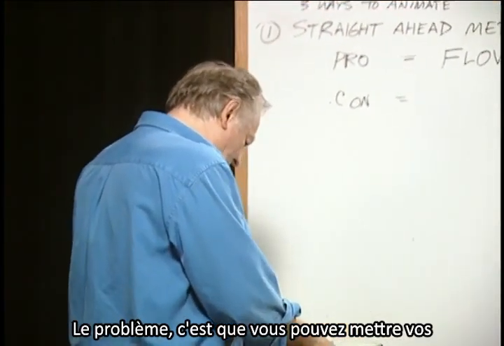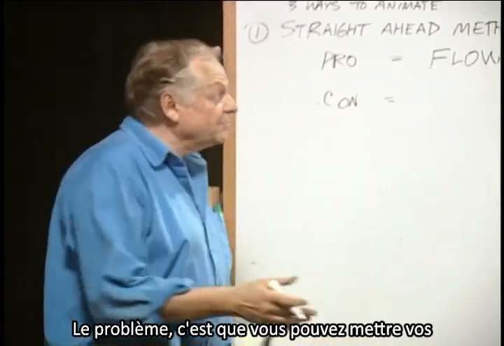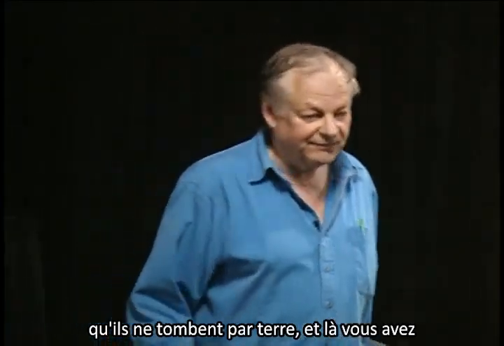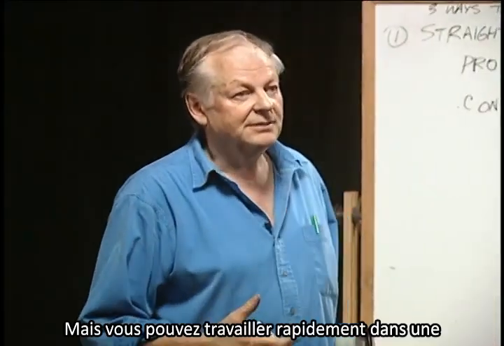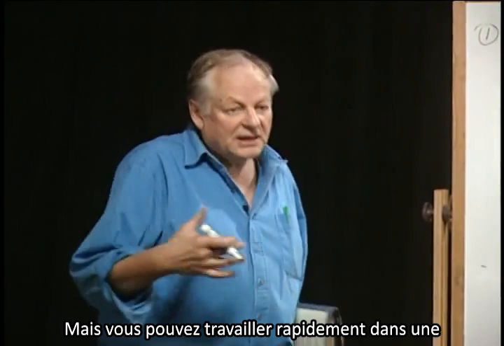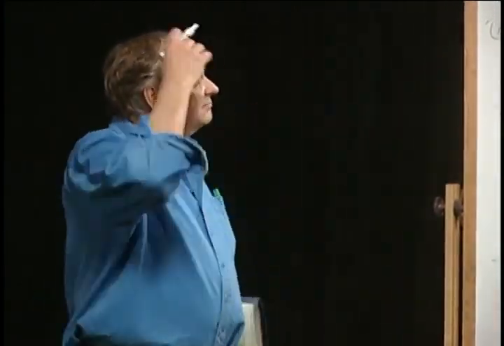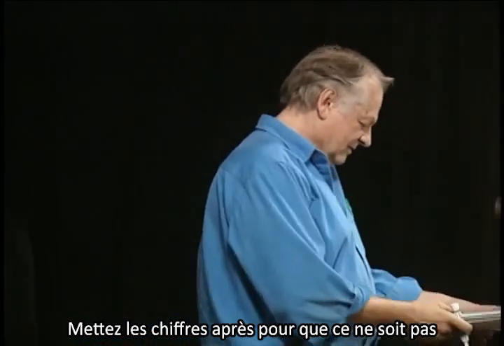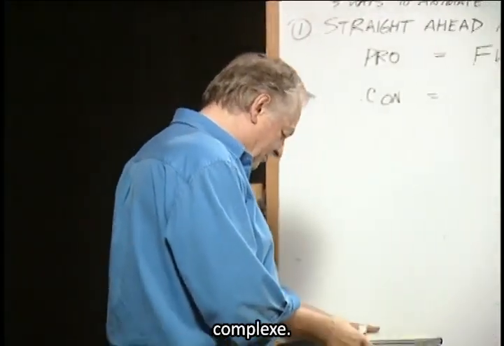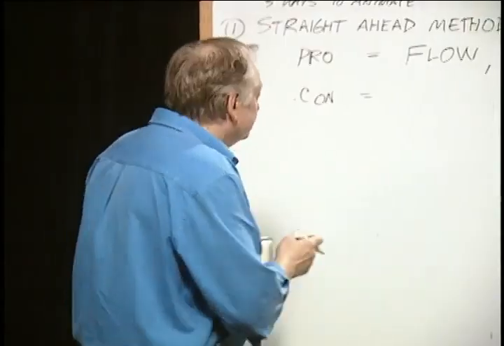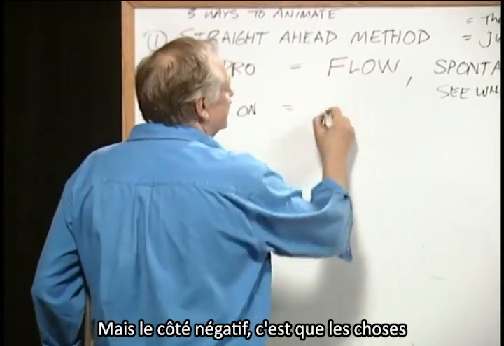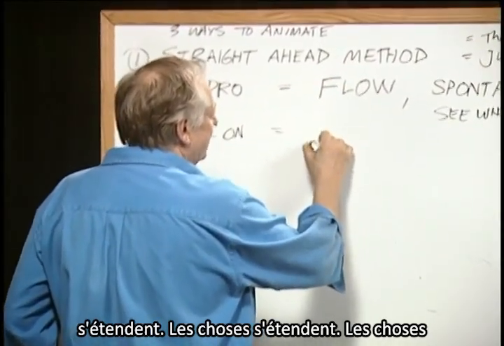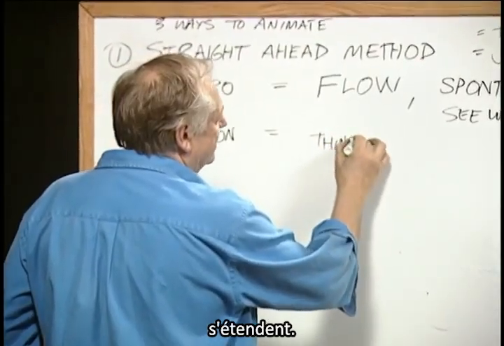The bad thing about it is, you can put your numbers on afterwards. You're doing all these drawings, unless they fall on the floor, and then you're really in trouble. But you can work fast in a heated form. Put the numbers on after, so it's not complex. But the bad part of it is that things expand.